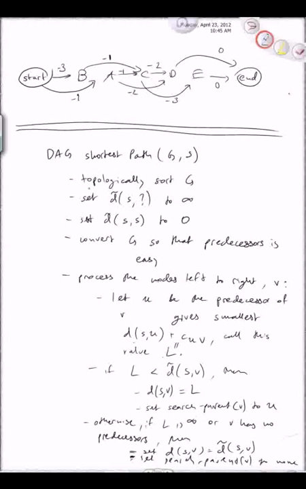Topologically sorting G just takes O of n plus m time. Setting distance labels to infinity takes O of n time because there's one distance label for every node. Setting the distance label on S is just O of 1. Converting G so that predecessors is easy: if somebody gives us G in a sparse format, this just takes O of n plus m time.